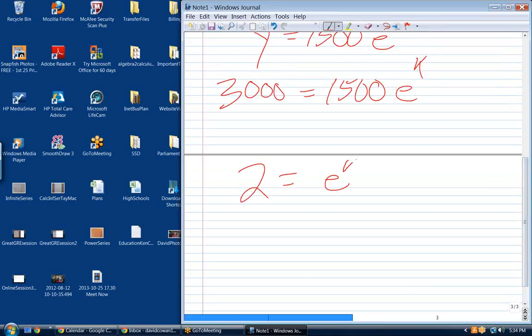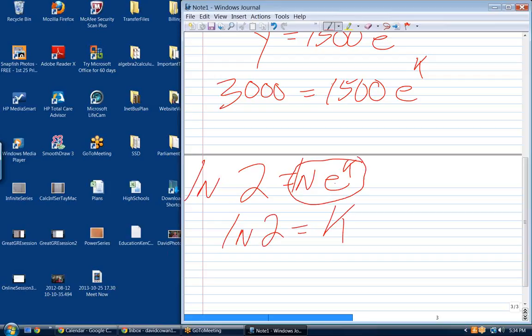You divide by 1,500, yeah, so 2 equals e^k. So the ln of 2 equals k. In other words, if I take the natural log of both sides, remember that when you take the natural log of e to some power, it's equal to that power.